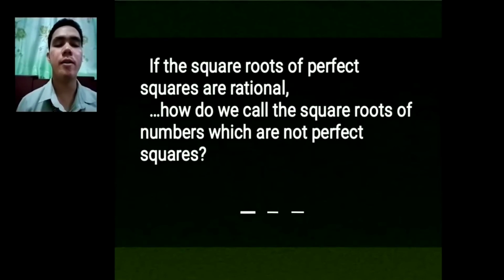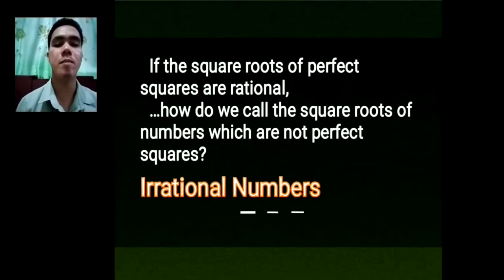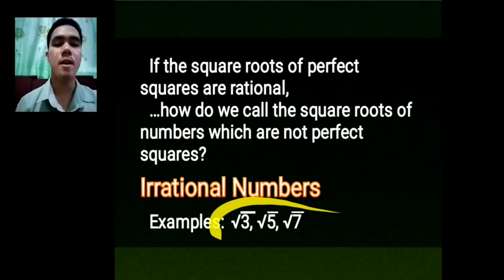How about those positive numbers that are not perfect squares? We call those irrational numbers, like the square root of 3, the square root of 5, the square root of 7. As you can see, we have positive numbers, but they are not perfect squares.